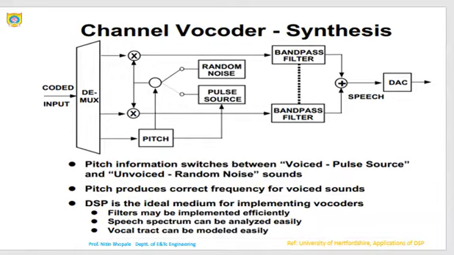There are a number of pitch estimator algorithms already implemented using DSPs. The processing power of DSPs, as well as their suitability for signal processing, make it possible to implement an efficient pitch estimator. So this is the channel vocoder and the synthesis.